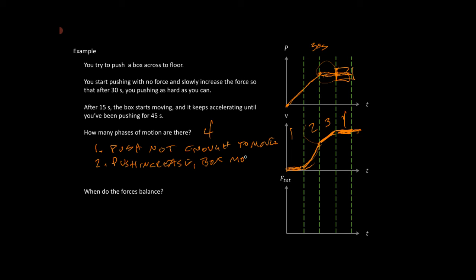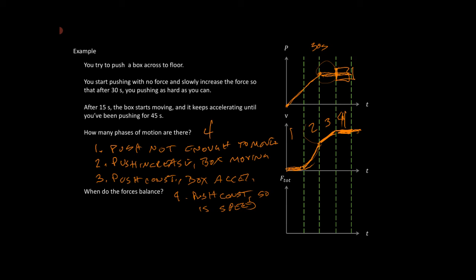Box is moving, accelerating. 3 is the push is constant. The box is accelerating. Moving, accelerating. And the fourth one is the push is constant. So is the speed. Okay, so we've got those 4 spots there.